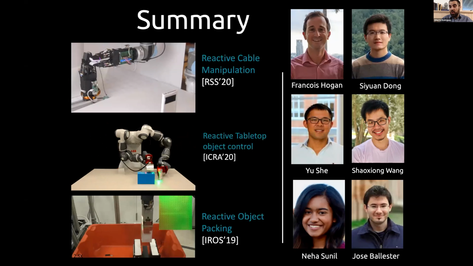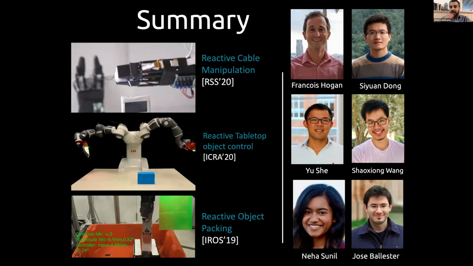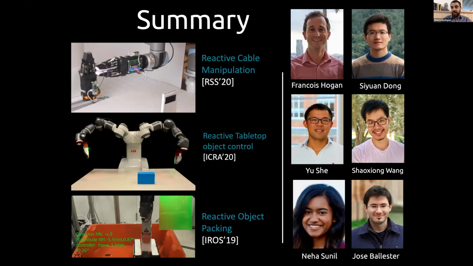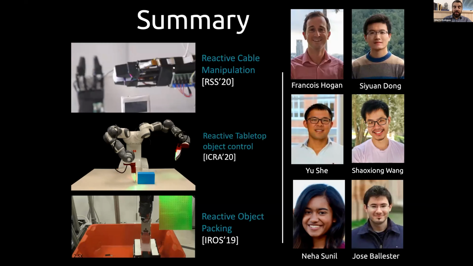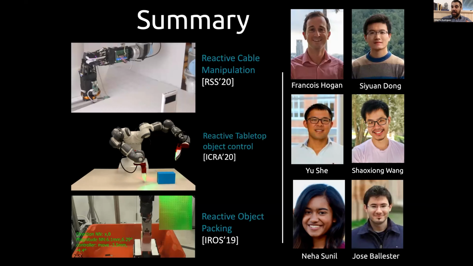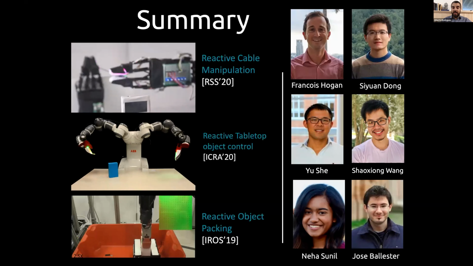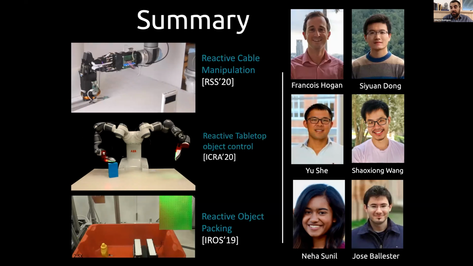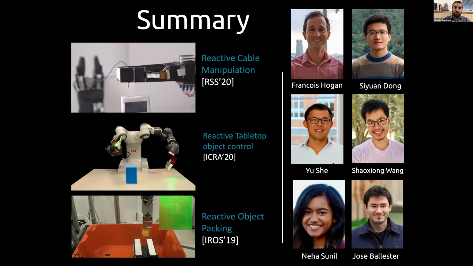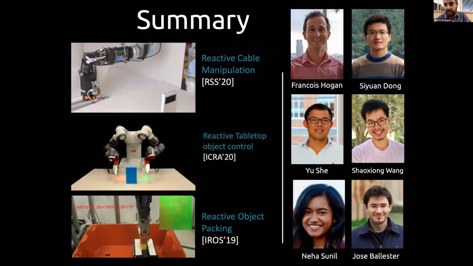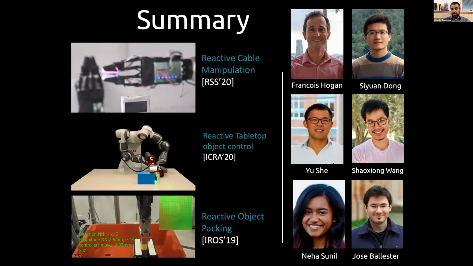If you had to do a more complex manipulation with a cable, let's say tying a knot or untangling it, then you do care about the state of the cable in the general sense. But to generate this sliding behavior, the only thing we care about is where it is in between the fingers. And to estimate it, we just use computer vision techniques to estimate it directly from the image.